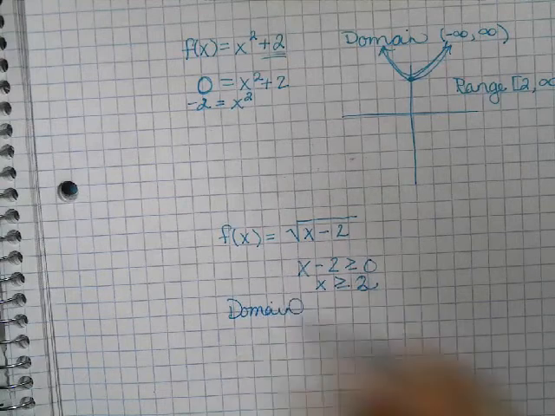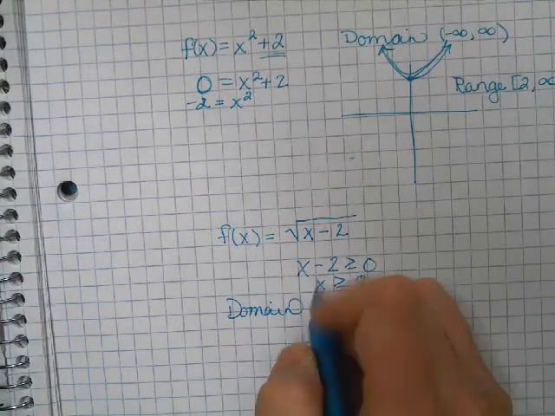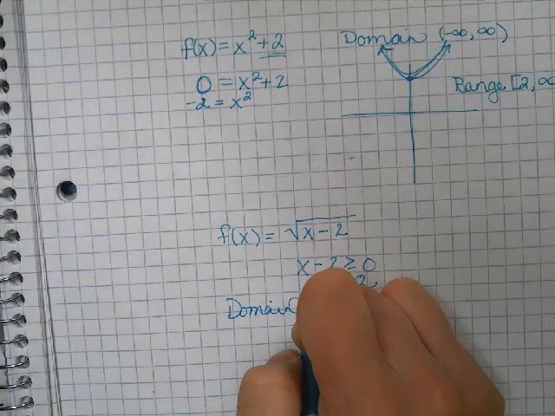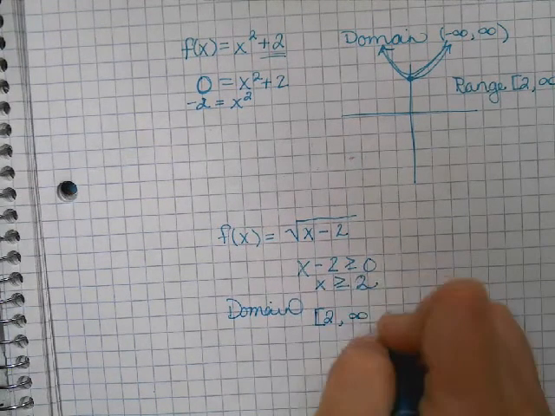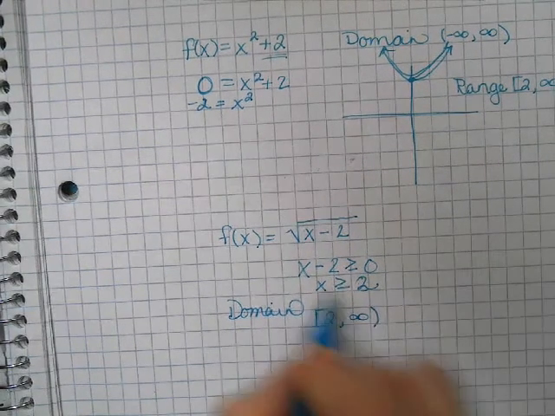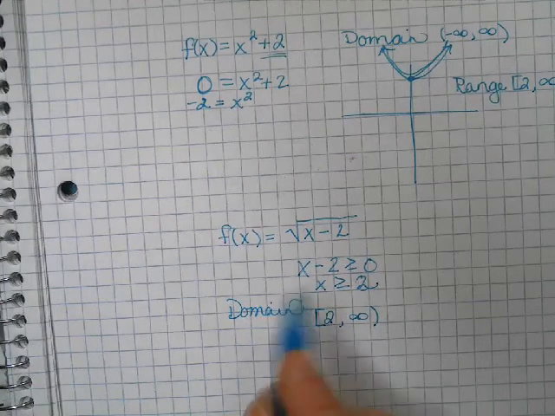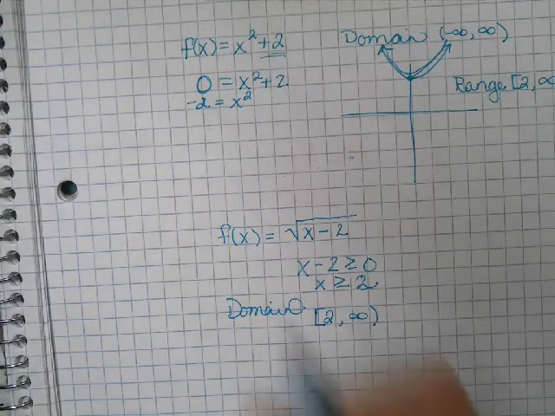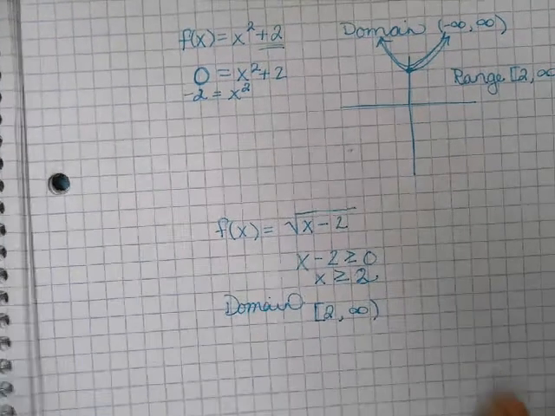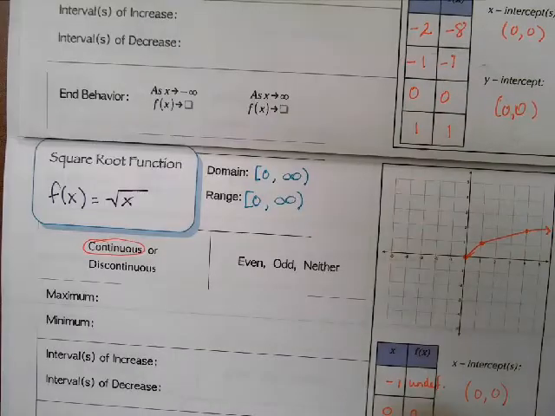So my domain is from 2 to positive infinity. Okay, x is greater than or equal to 2. Right? Don't worry about the range. The range will still be 0 to positive infinity.